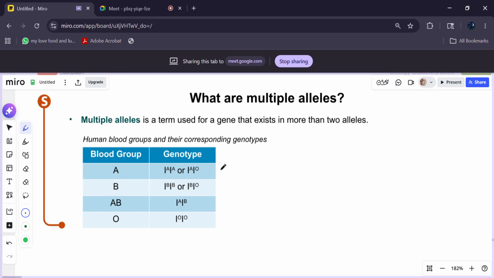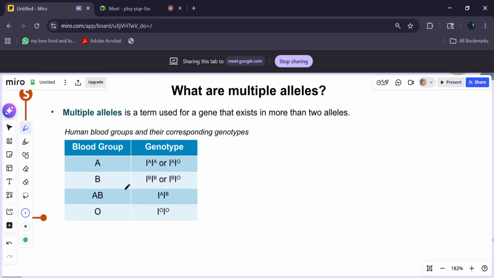The blood groups and their respective genotypes are shown in the table right here. So you can see that blood group A and blood group B are both dominant, while blood group O is recessive.